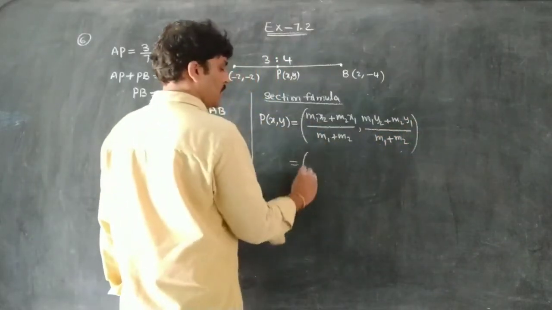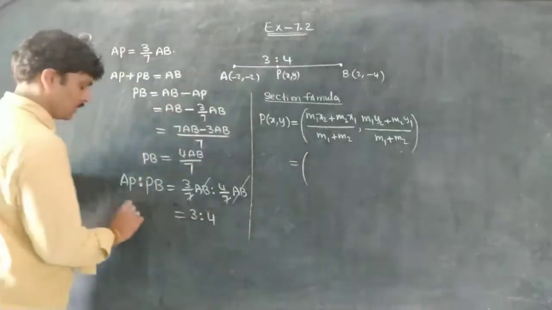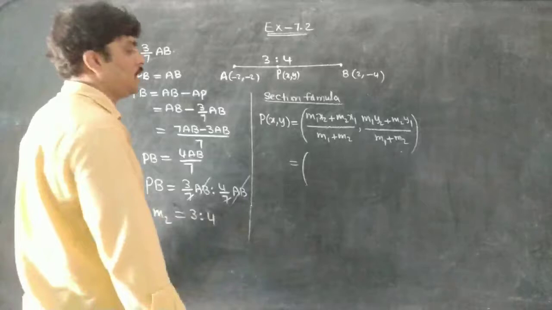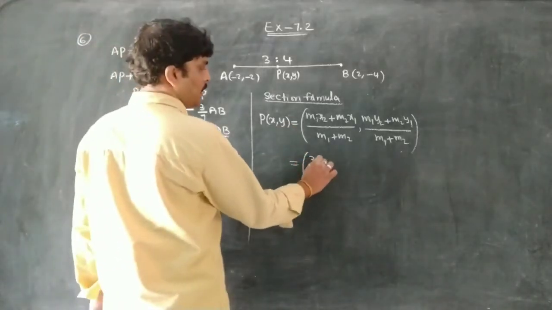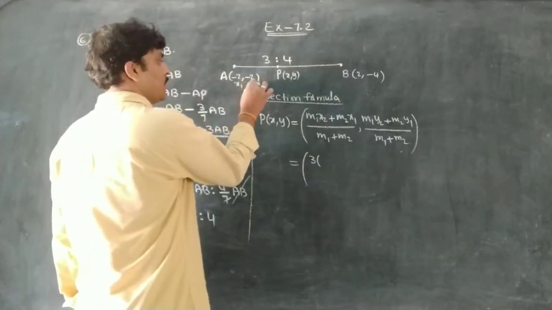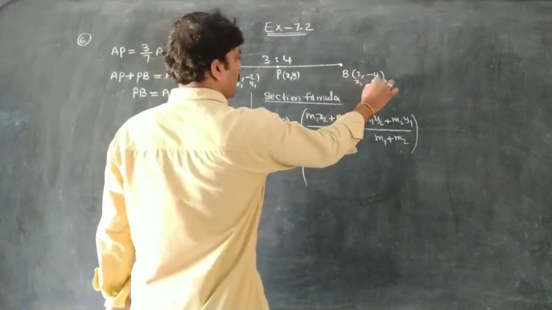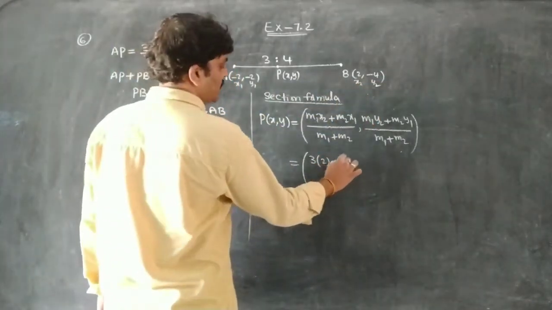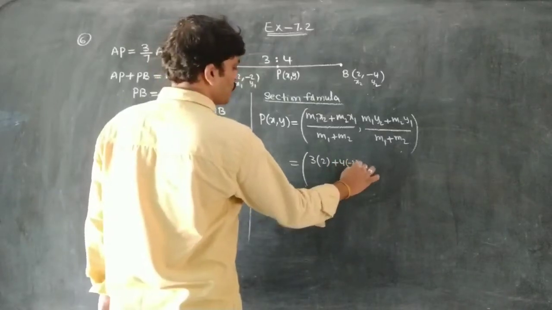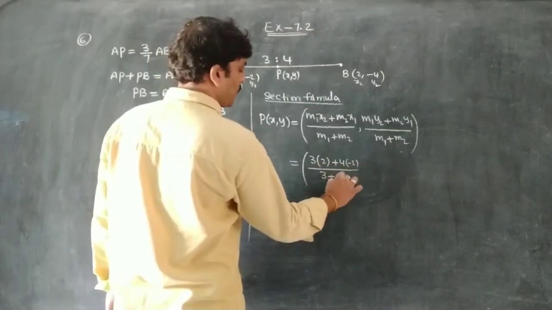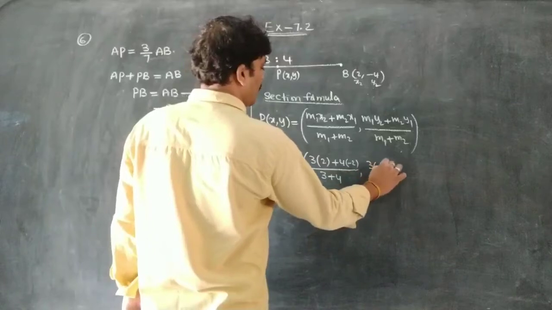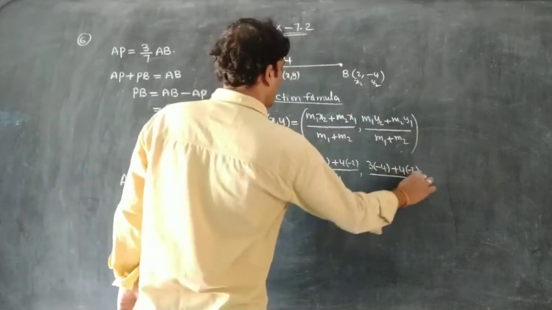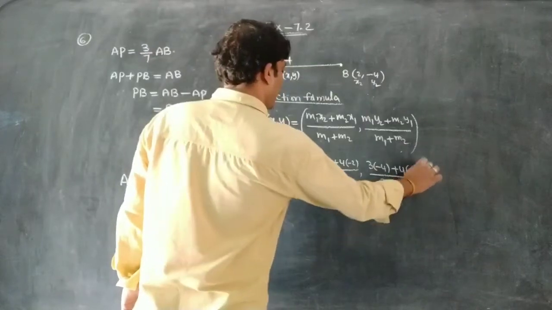Here m1 is to m2 is 3 is to 4, so m1 is 3. Let us take x1 y1, x2 y2. Now 3 into 2 plus 4 into minus 2 by 3 plus 4, and 3 into minus 4 plus 4 into minus 2 by 3 plus 4.